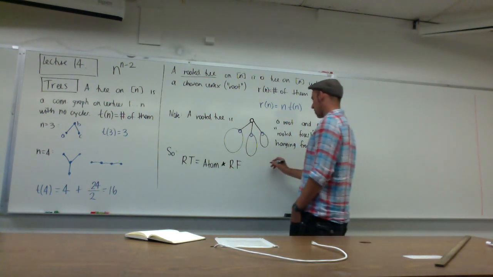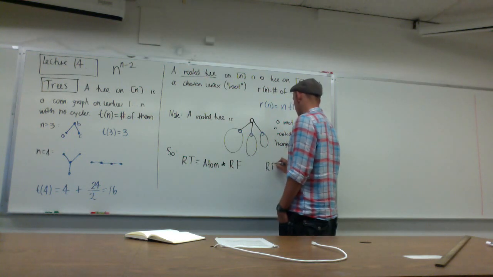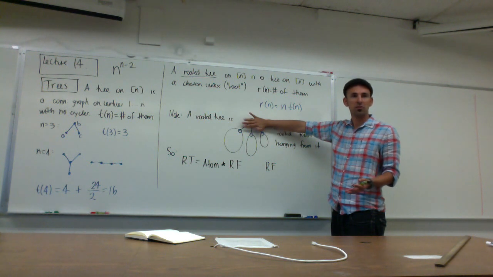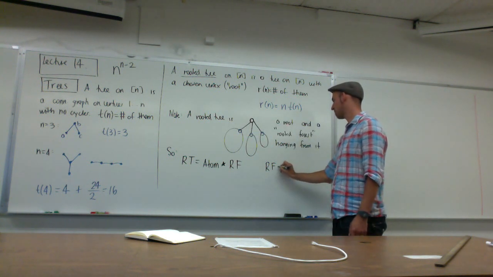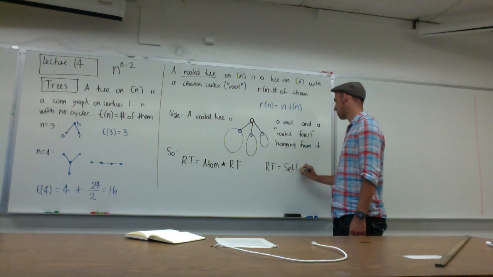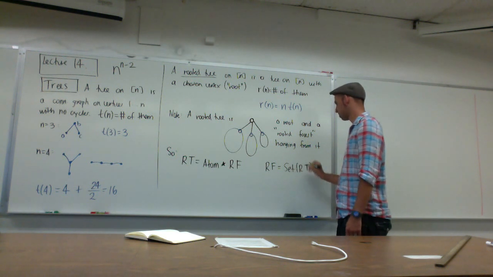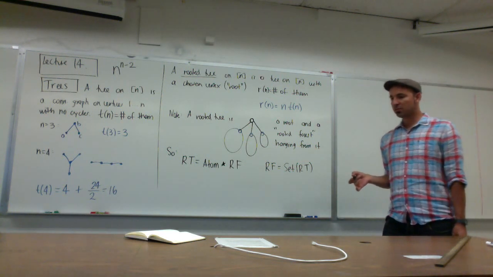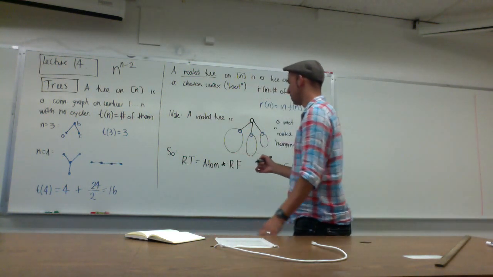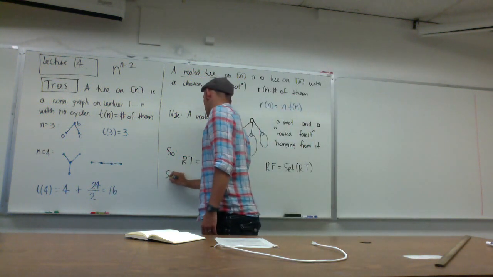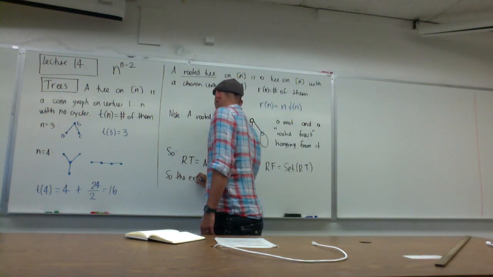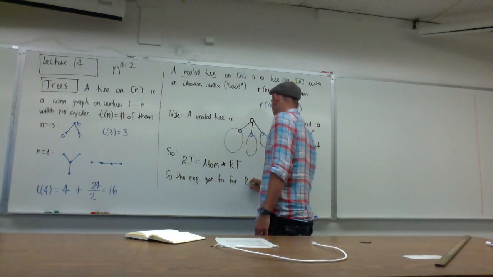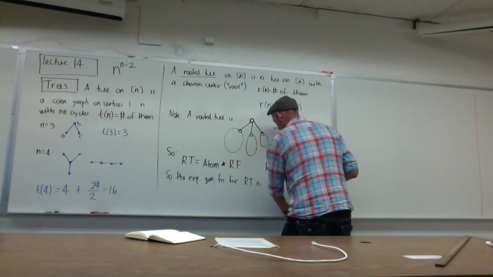But then, what is a rooted forest? Well, a rooted forest is a bunch of rooted trees. And so how do we say that? A rooted forest is a set of rooted trees. Right? And so that means that the exponential generating function for rooted trees satisfies what?